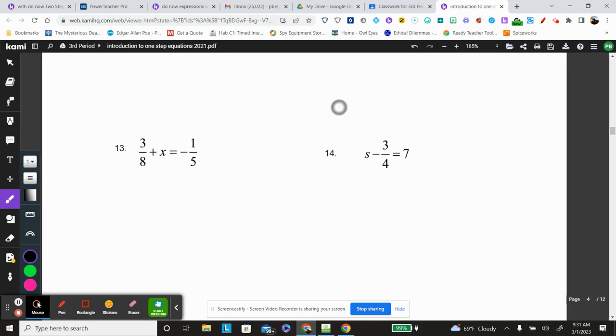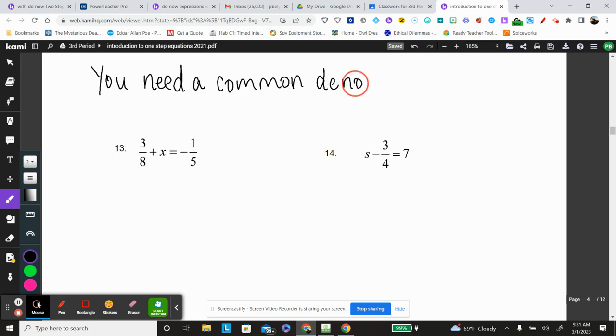All right, so the main thing you have to remember here is that you need a common what? Factor. Well, let's put common multiple, not a factor. It's called a common denominator, okay?